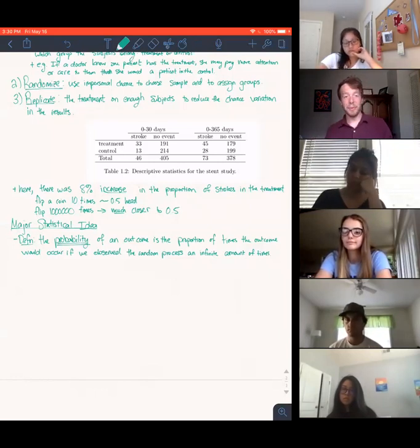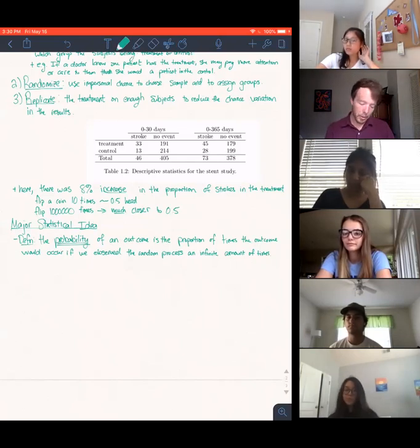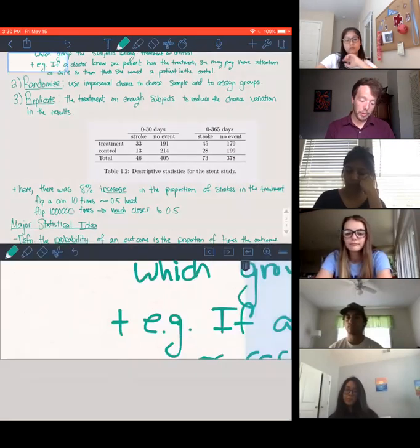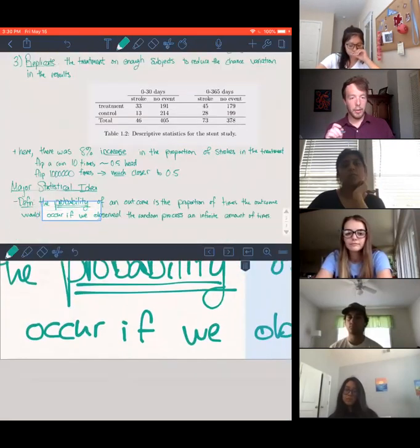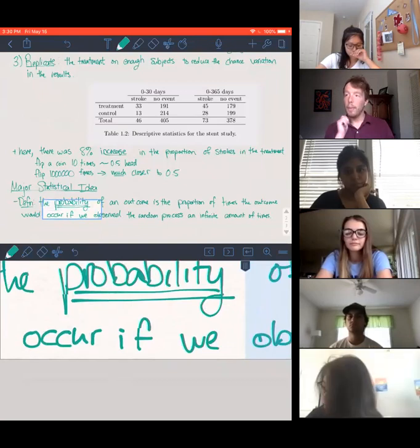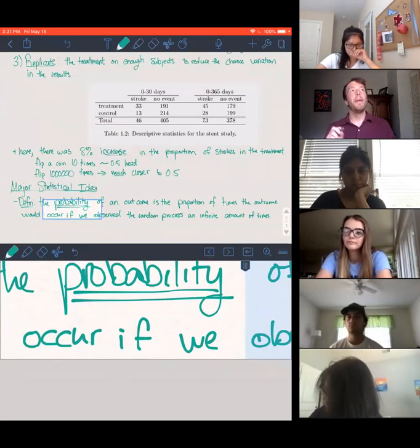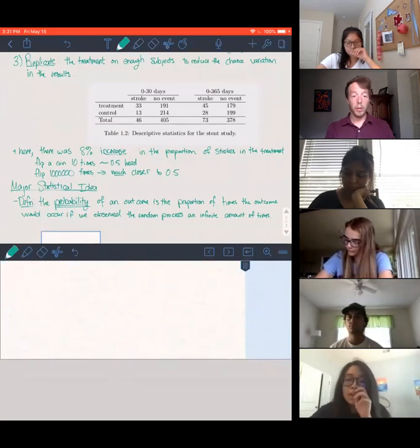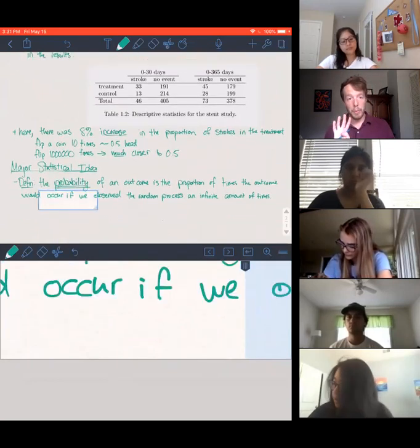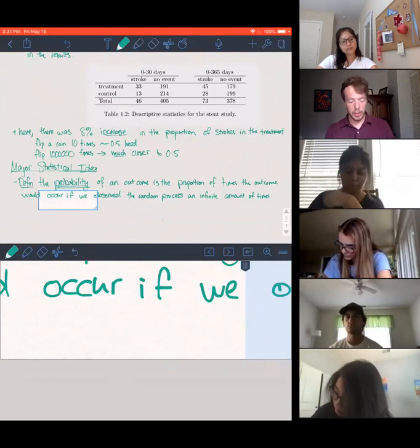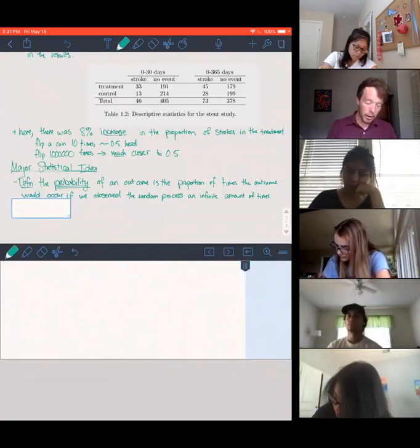Taking an infinite amount of samples in any regard is not humanly possible. So what we did, of course, is what we always do. We take a sample and we calculate the proportion of the sample. But note the definition of a probability. The fundamental idea here is that we are going to get closer and closer to the actual probability value the more samples that we take. And that's called the law of large numbers.